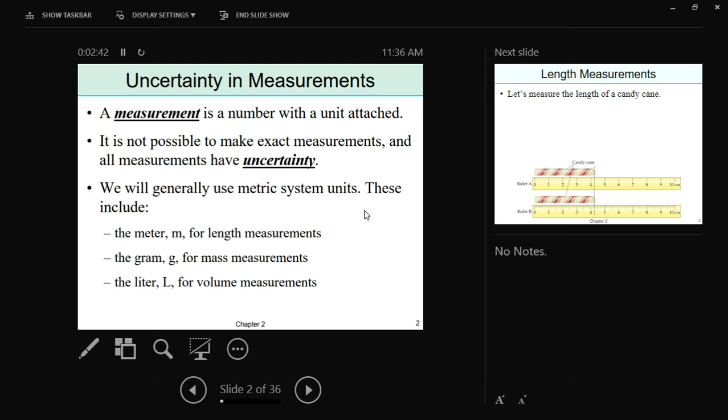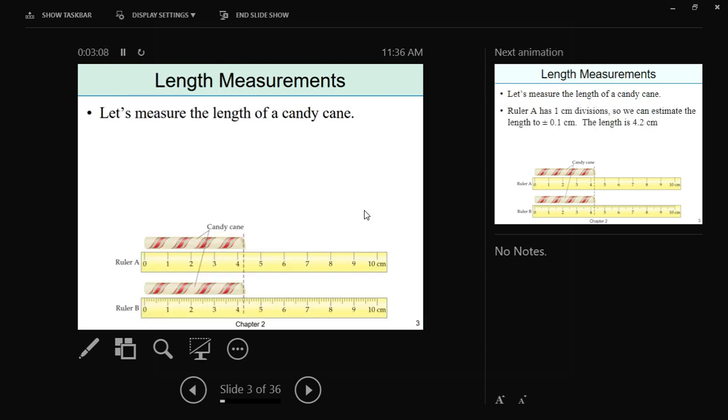And we have to have this international system of units because if you measure something here and somebody else measures something in China or Saudi Arabia, we all have to have a common basis for that measurement, and that's why it's the Systems International method of measurement. So meters are the base unit for linear distance from one point to another. Gram is mass measurements, and liter is for volume or three-dimensional measurements.